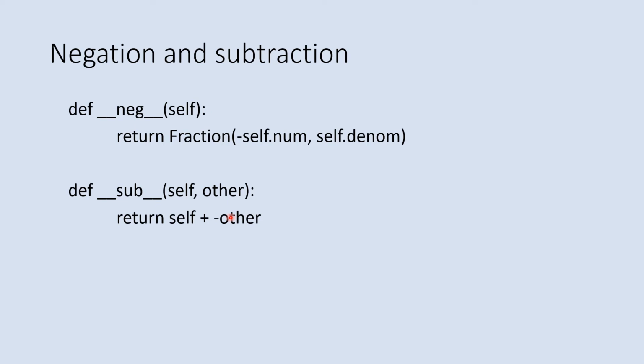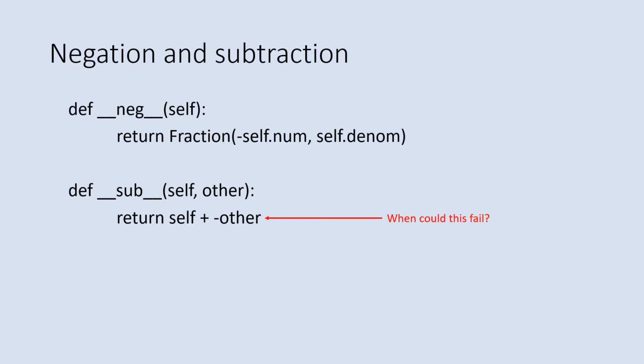So not our error, but a different error would have been returned. So these dunder methods are allowing us to use symbols, the operators like plus and the negative symbol and the minus sign, to do what we want them to do in the context of our fraction class.